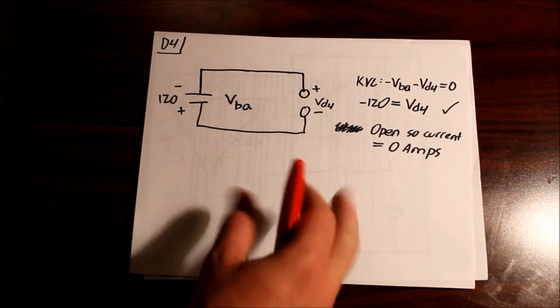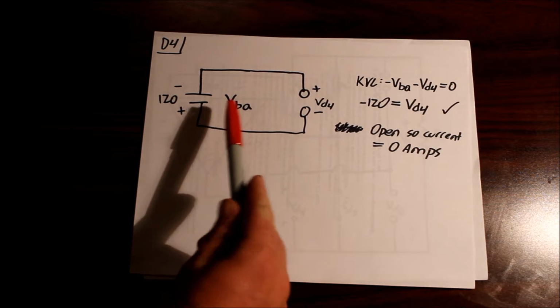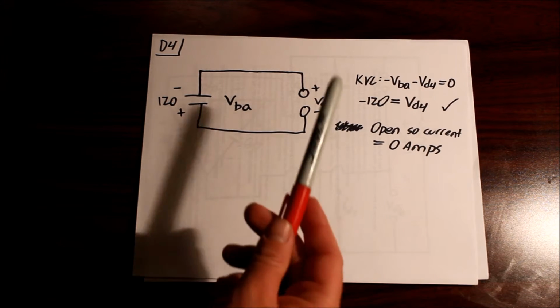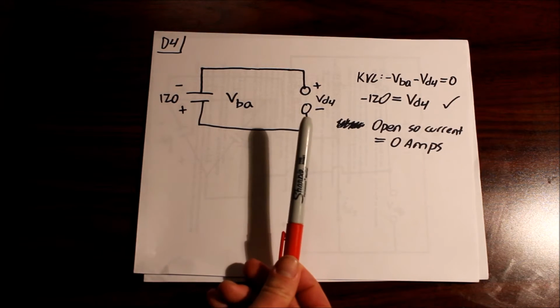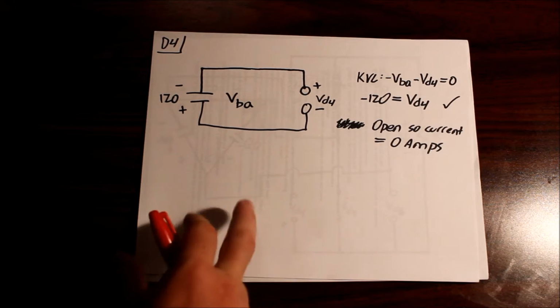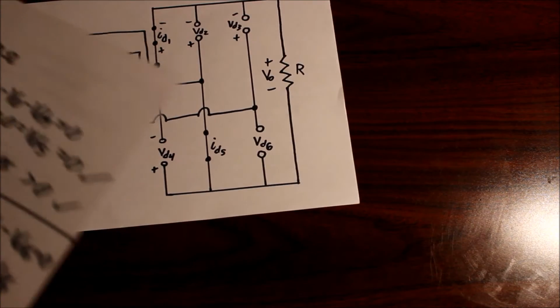So here we go for diode 4. We have VBA and we have VD4. So again, KVL. Voltage drop across diode 4 will be equal to -120 volts. Check. And then open, so we know there's going to be no current. Redrawn, diode 5 looks like this.